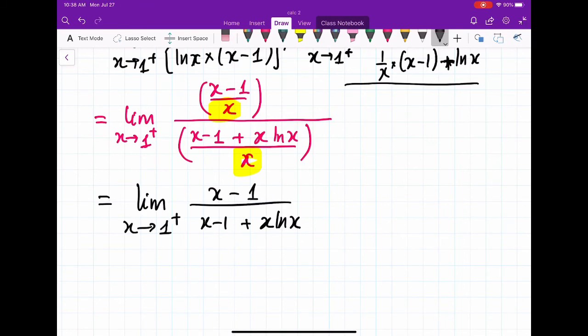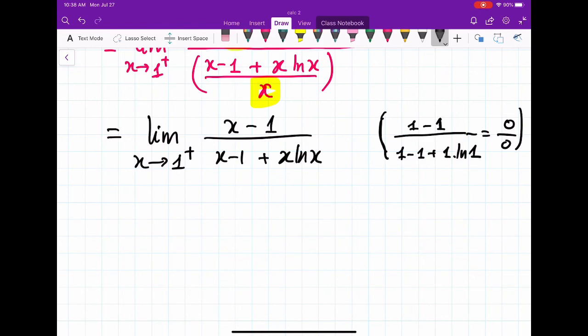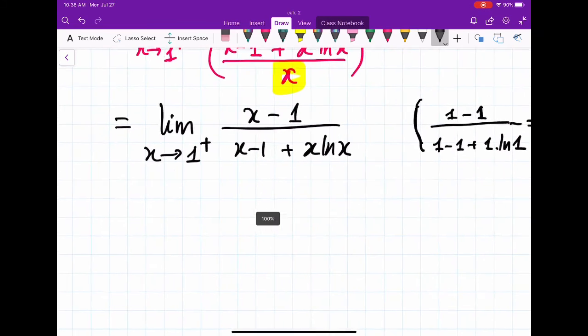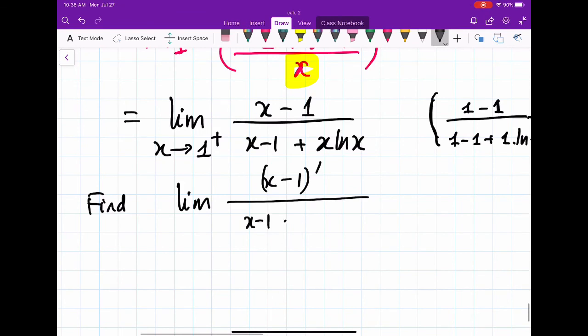All right, so again, you plug 1 into the function, you get 1 minus 1 over 1 minus 1 plus 1 times ln of 1, which is 0 over 0. So we need to apply L'Hopital rule one more time. I need to find the limit of x minus 1 derivative divided by x minus 1 plus x ln of x derivative, x approaches 1 plus.